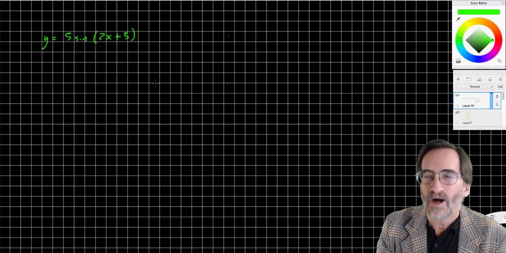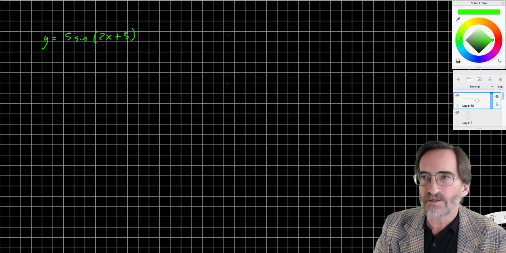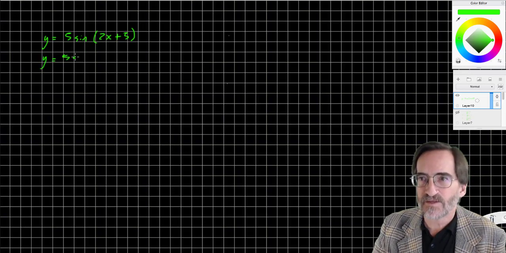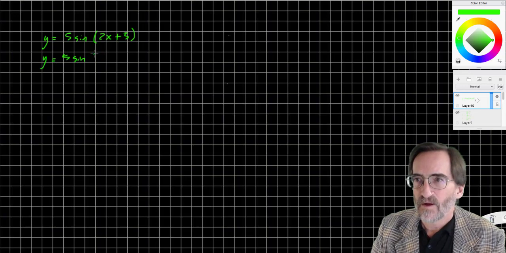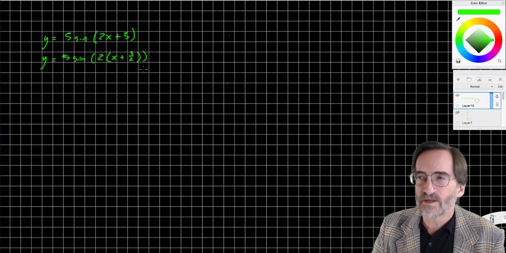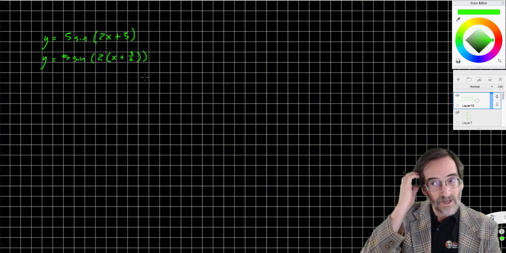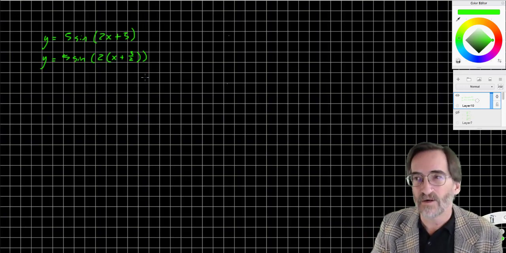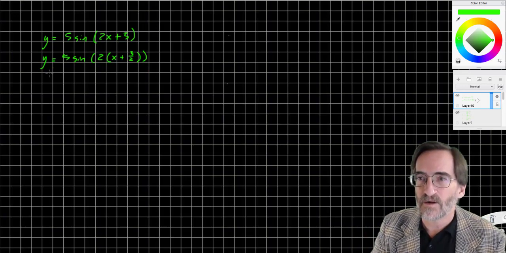I prefer to write this like this: 5 sine, and I factor a 2 out of 2x and 3. So this is x plus 3/2. And the reason is now I can read the phase shift directly on the problem here.